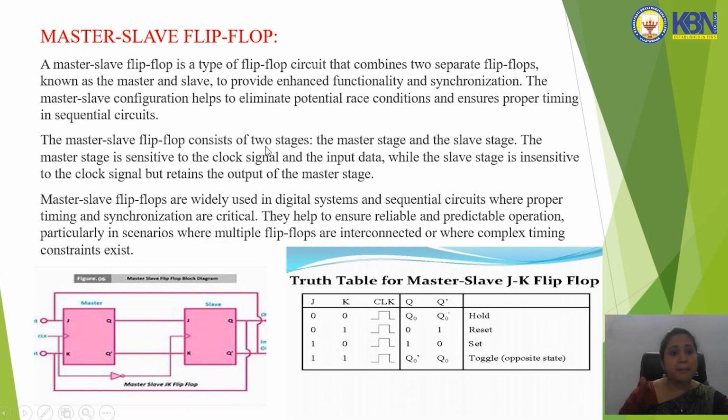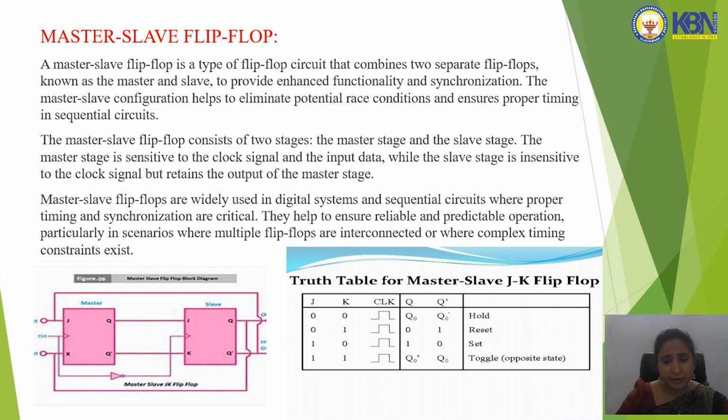Next, see the master slave flip flop. It is a very important flip flop in digital electronics. Before, we saw different kinds of flip flops. At that time we used only a single flip flop, so there was no combination of flip flops.